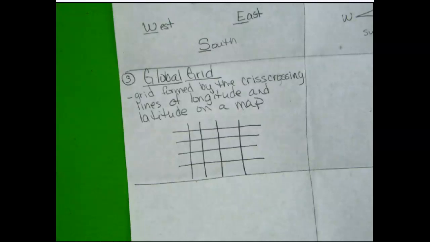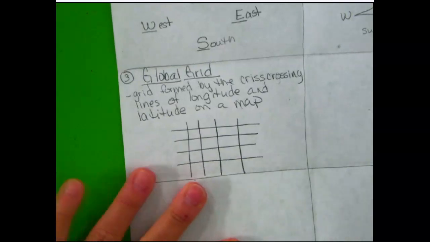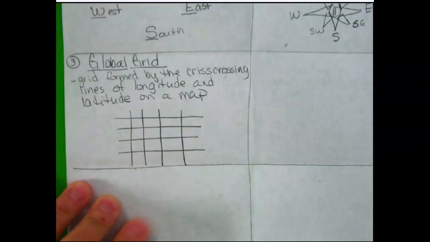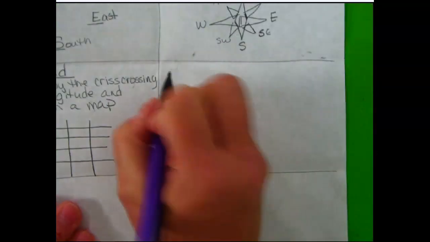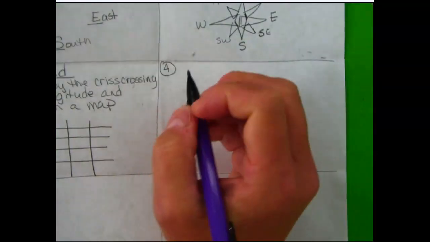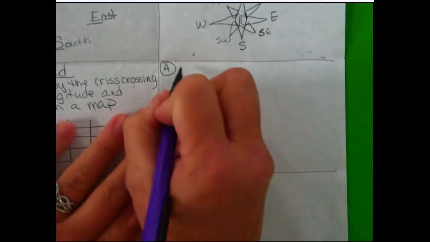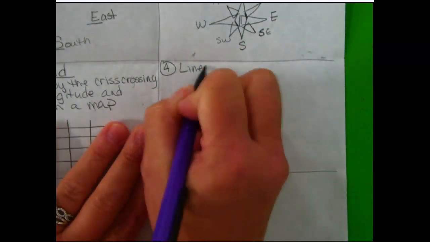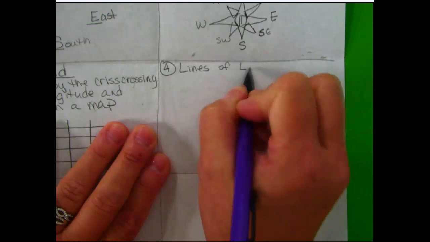So the next thing that we are going to do is now talk about the longitude and latitude lines. And again, if you need to pause to catch up, you are welcome to. So number 4, we're going to talk about the lines of latitude.